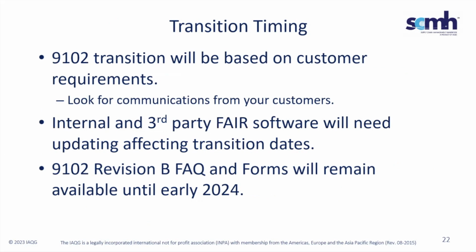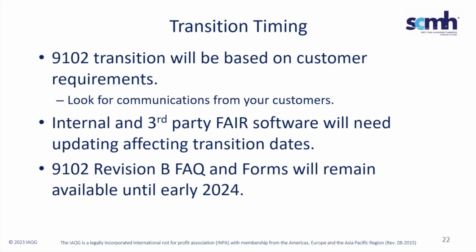You might have received communication from customers discussing transition timing. There is no set requirement posted by the IAQG since 9102 is not a certification. Most OEMs are communicating to the supply chain a compliance date of January 1st, 2024.